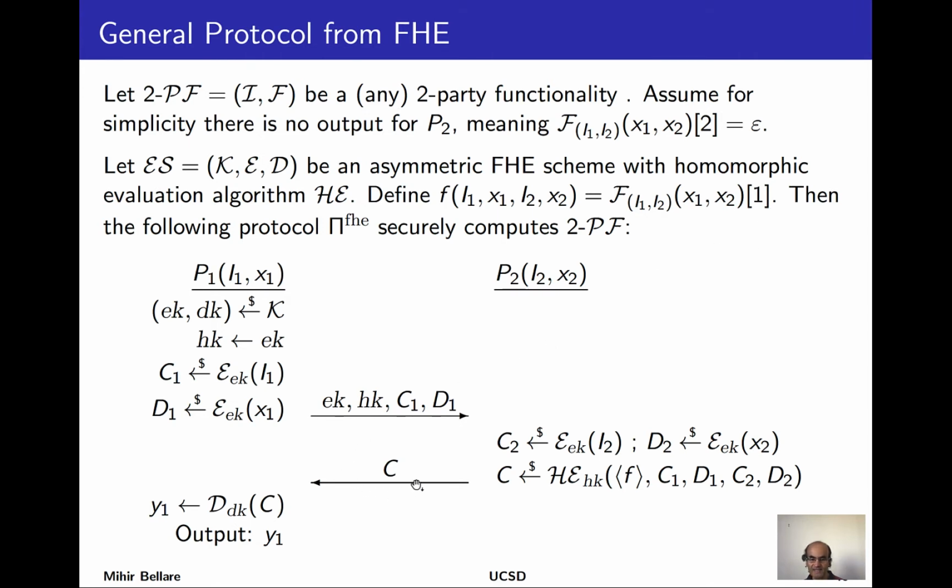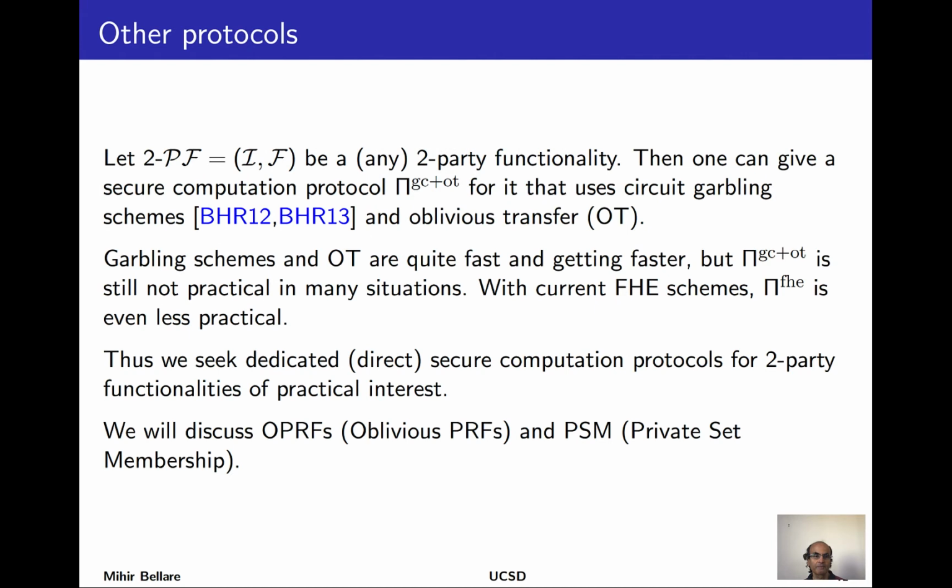So now it sends this ciphertext back, and our party 1, who has the decryption key, can decrypt that and recover exactly what we want. And so there we go. That's a pretty plausible looking protocol. And this works once you properly define the goals and analyze and prove everything.